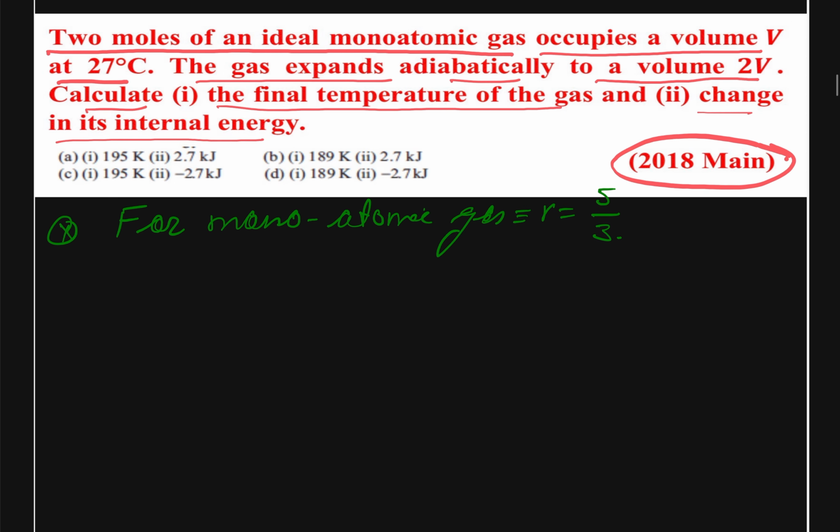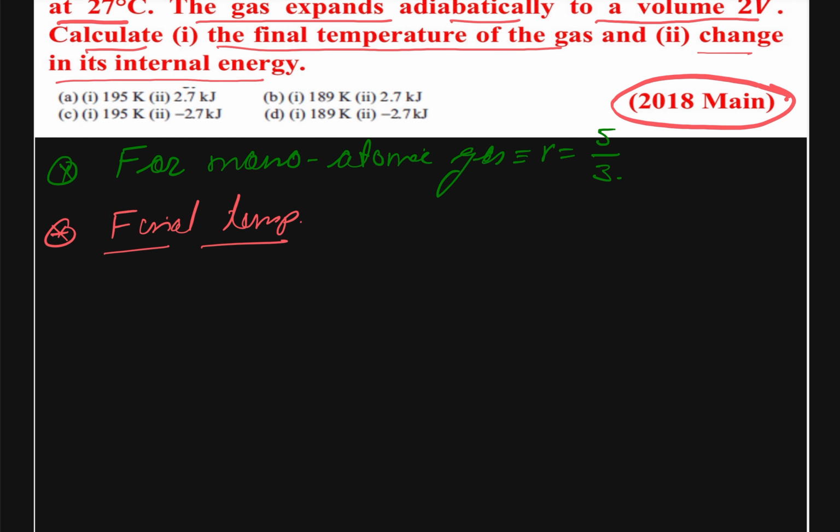So let's find out first of all the final temperature. We know for an adiabatic process, the product of temperature and volume raised to the power gamma minus 1 is constant.